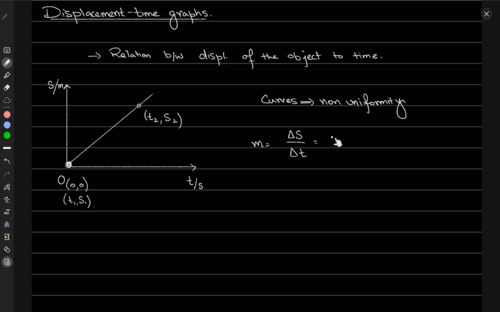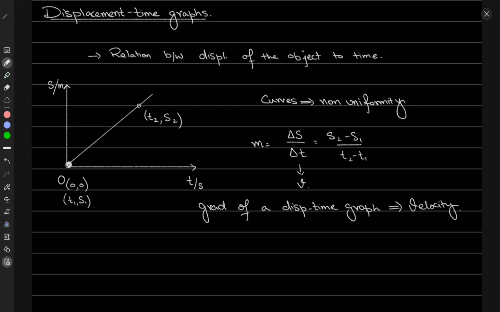Now this is s2 minus s1 divided by t2 minus t1, but we know what this change in displacement divided by time is. This is simply velocity. So which means that the gradient of a displacement time graph is going to give you the velocity of the object.